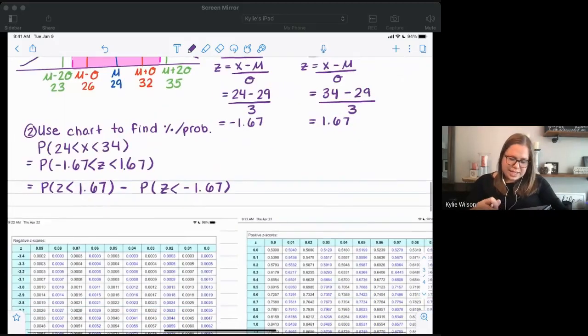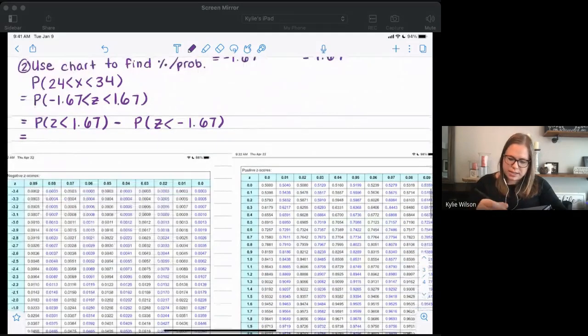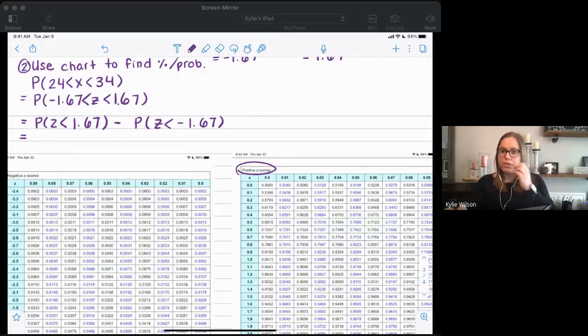So let's find some values here. We'll start with the first one with positive 1.67. So we have to go to our positive z-score chart over here. And we start by finding the first two digits. So I go to 1.6, which is down here. There's my 1.6.